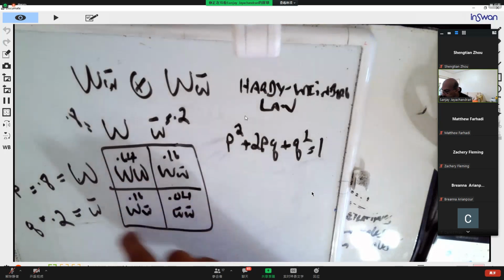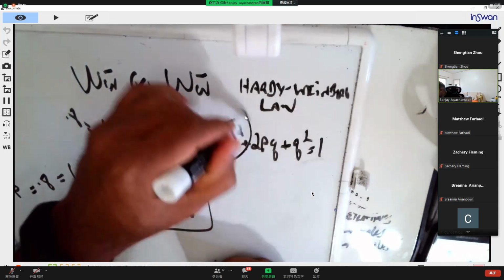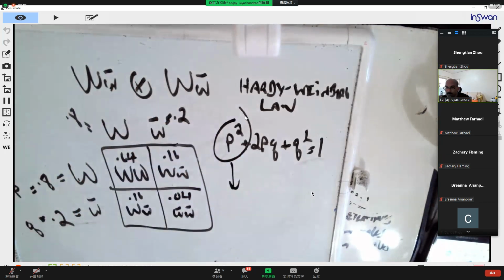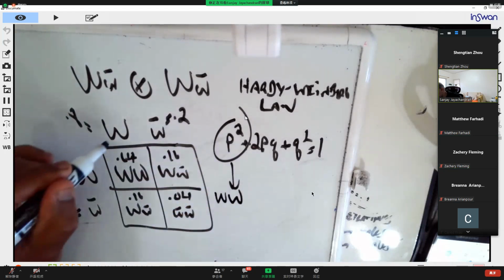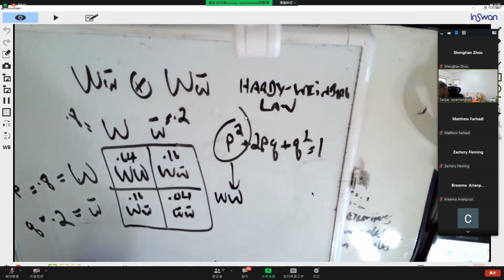So over here, what does P squared represent? Which term does P squared represent? Big W, big W, a genotype, P squared, right? What does Q squared represent?